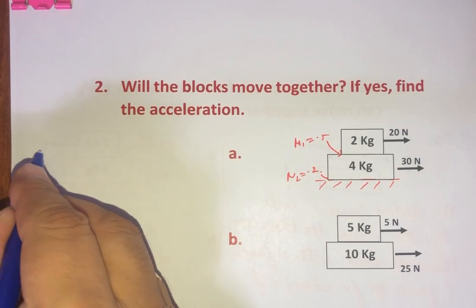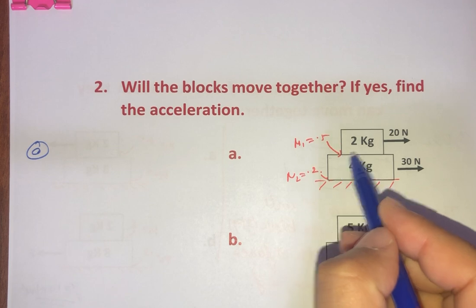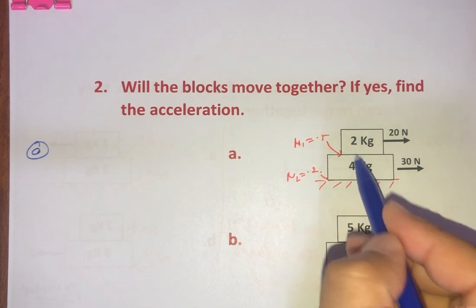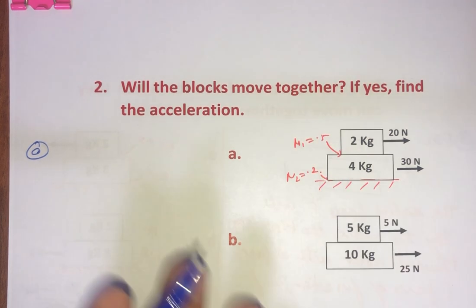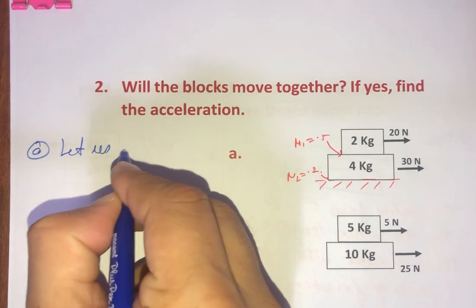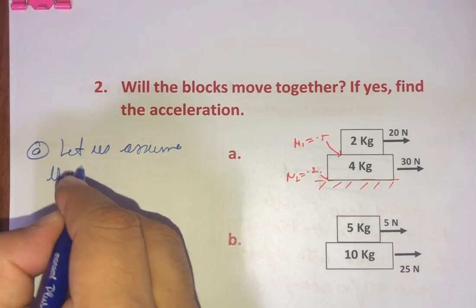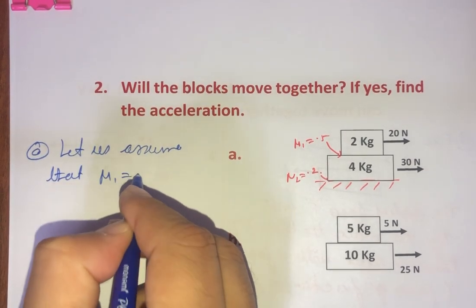So let us solve the A part first. In this case, first of all, let us assume that there is no friction between the 2 kg and 4 kg blocks. It means mu1 is equal to 0.